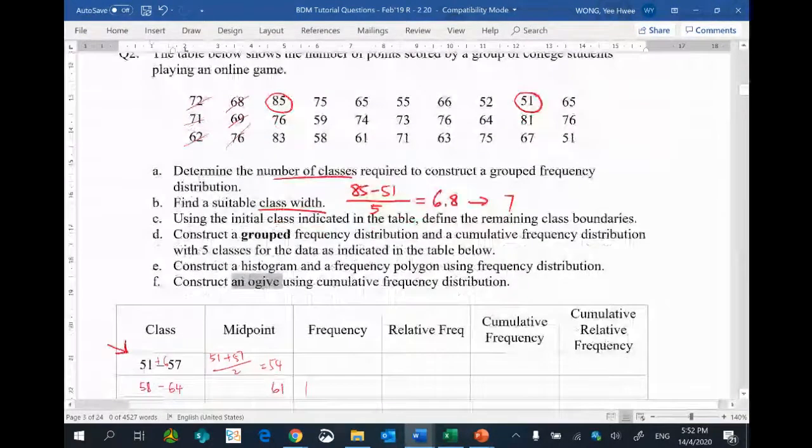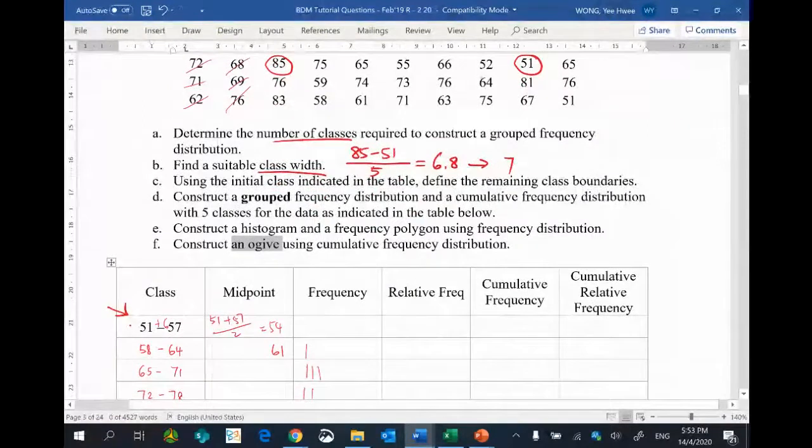From here to here also 7. From here to here again 7. From here to here also 7. So this is how you define the class width. The first initial class will be given to you as I mentioned, so you just use it and continue on.